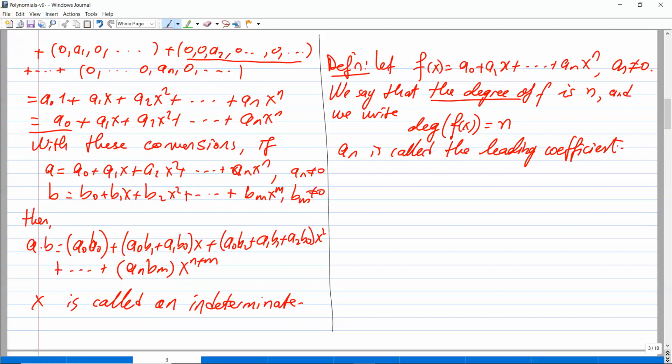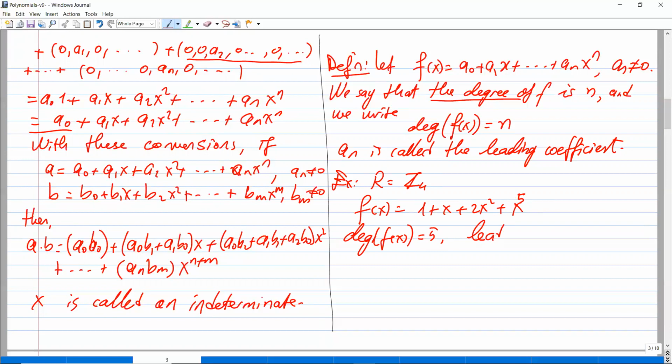So, for example, let's take the ring to be Z4 or Z. If you take f of x to be 1 plus x plus 2x squared plus x to the 5, for example, the degree of f of x is 5, and the leading coefficient is the coefficient of x to the 5, which is 1 in this case.